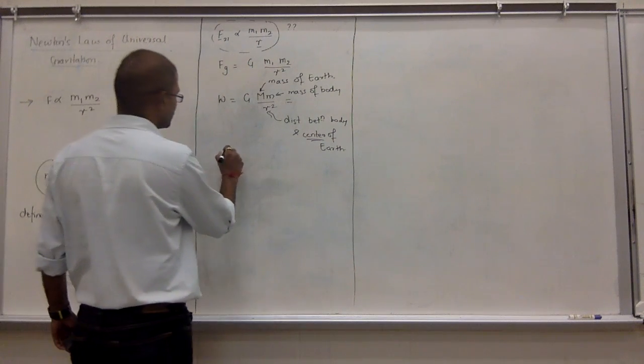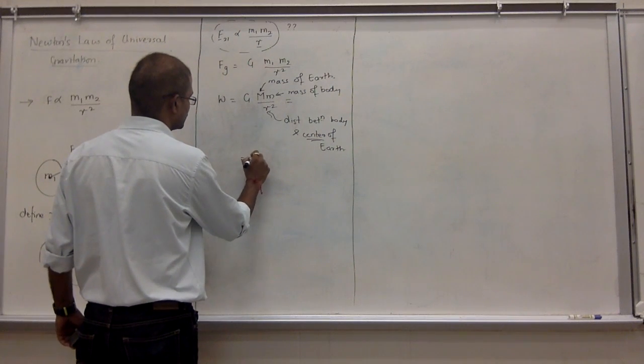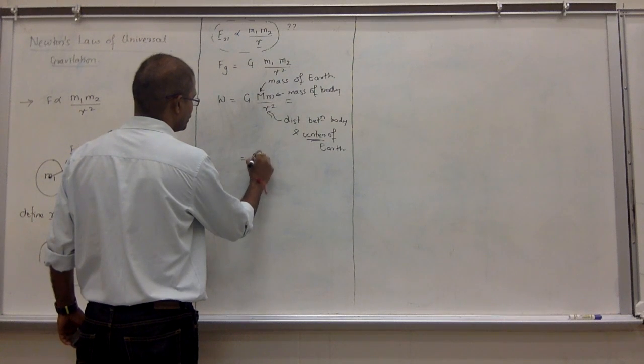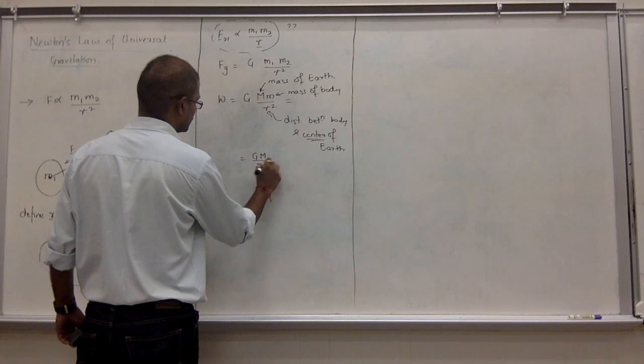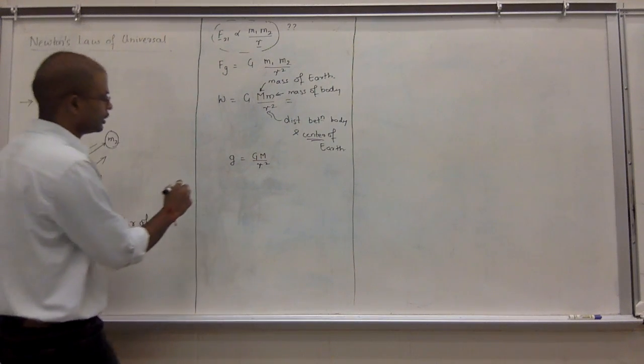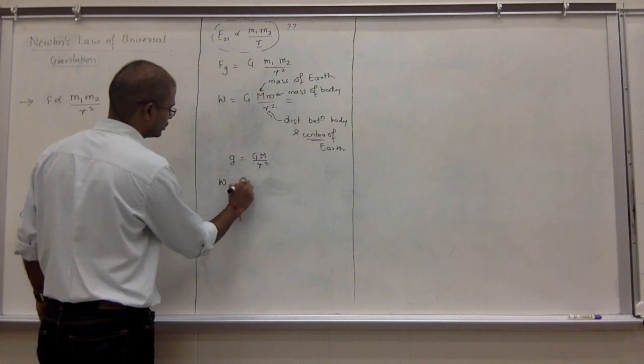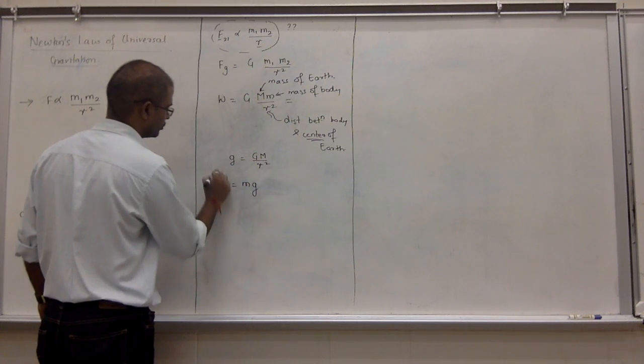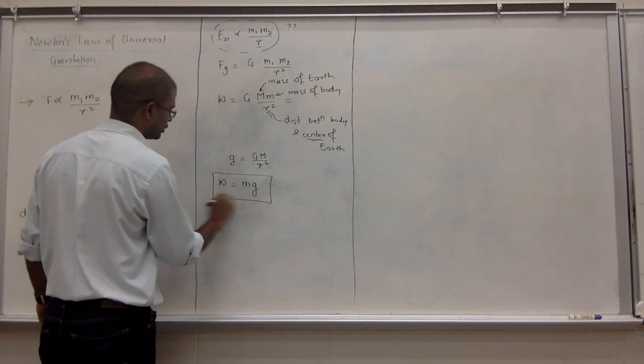And what we generally do is this G M over R square. We just use this symbol, g.